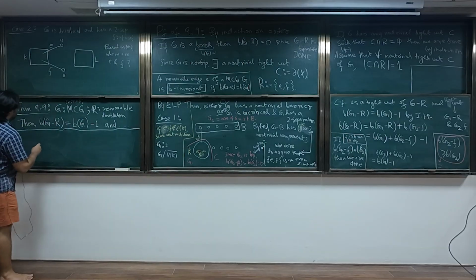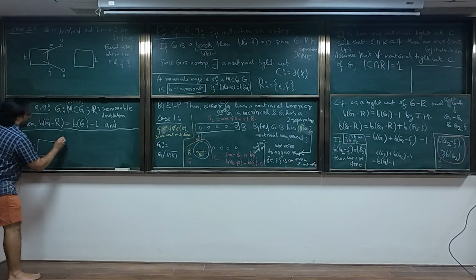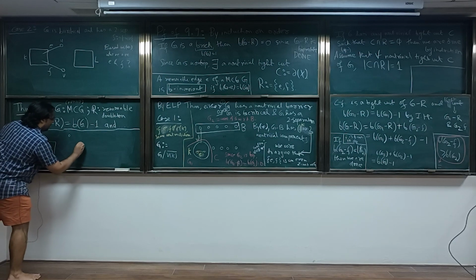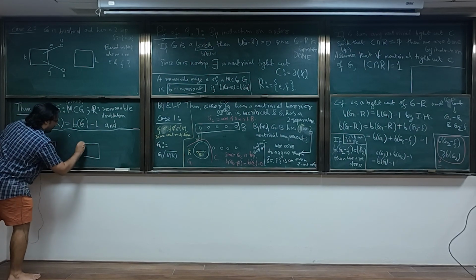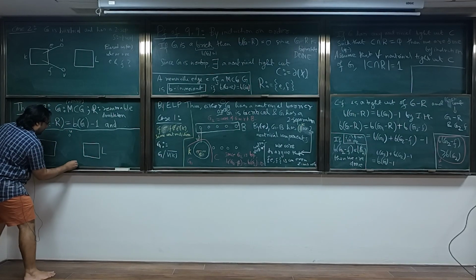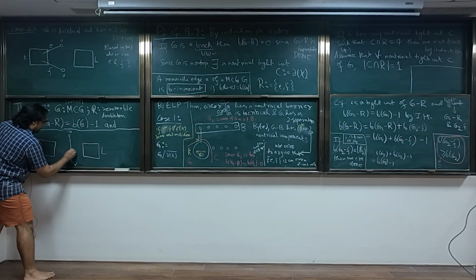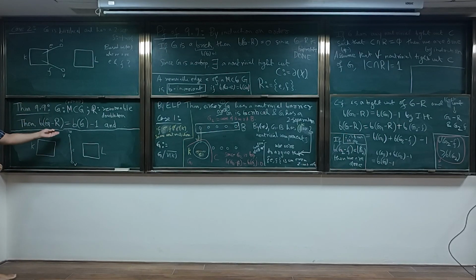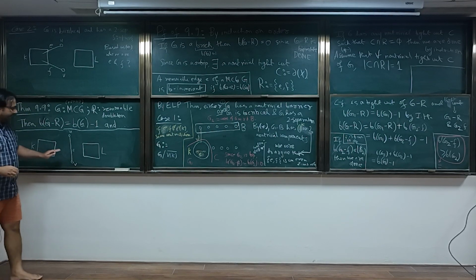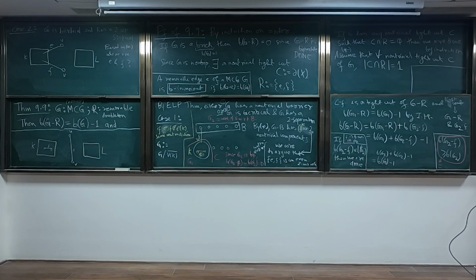And the other possibility is that maybe E or F looks like this, but now F cannot be adjacent with this, so therefore F has to be either completely contained here or there. So without loss of generality, I may make it like this. So these are the two cases that you all have arrived at.